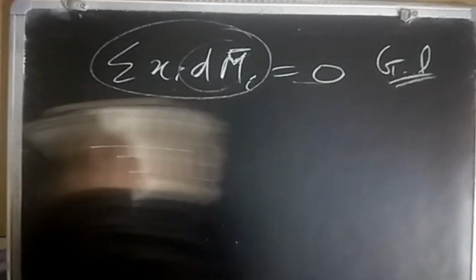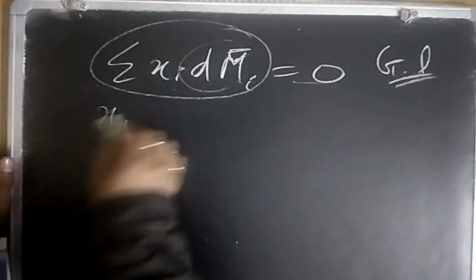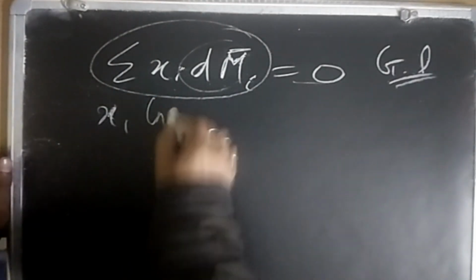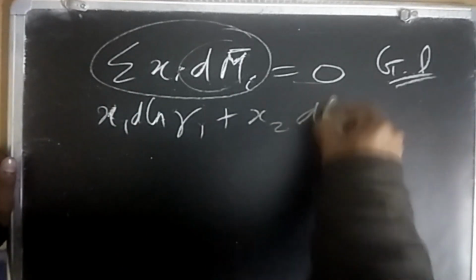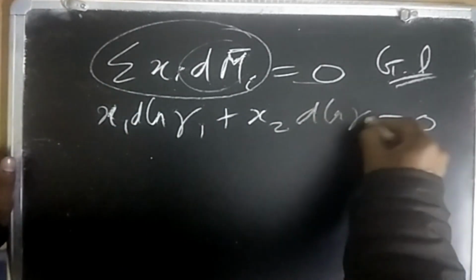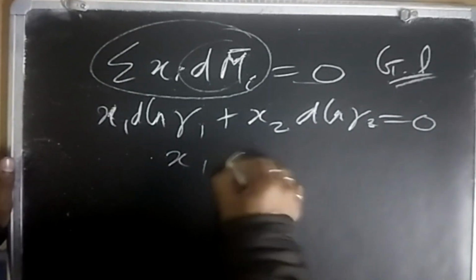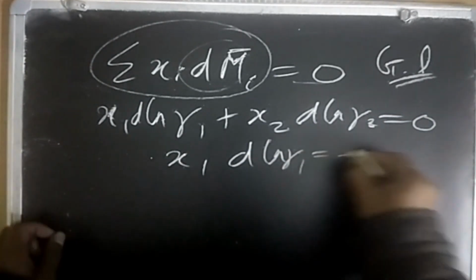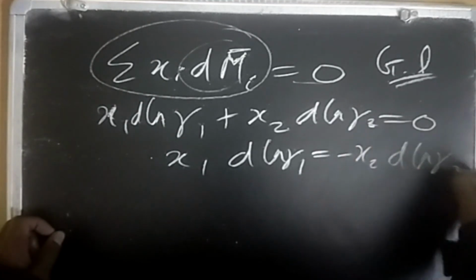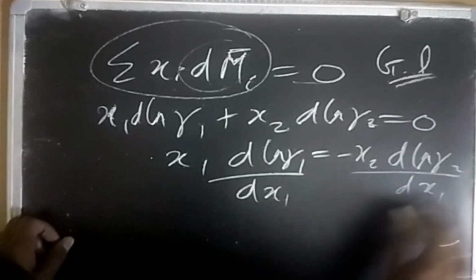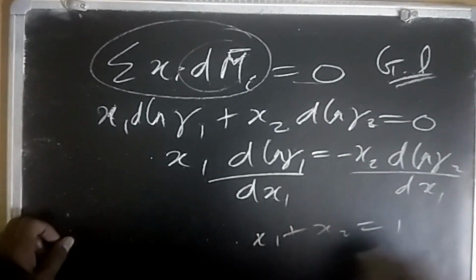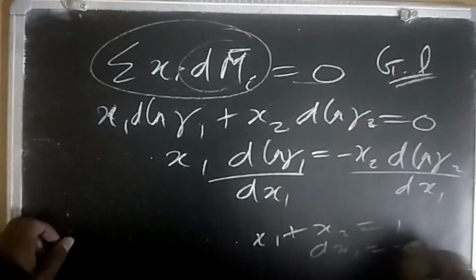So for a binary solution, we put x1 d ln gamma 1 plus x2 d ln gamma 2 is equal to 0. So x1 d ln gamma 1 is equal to minus x2 d ln gamma 2. We divide both sides by dx1, and because x1 plus x2 is 1, dx1 is minus dx2.